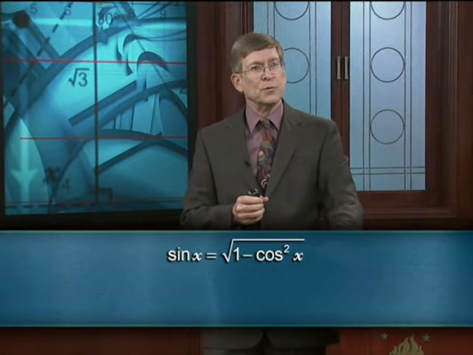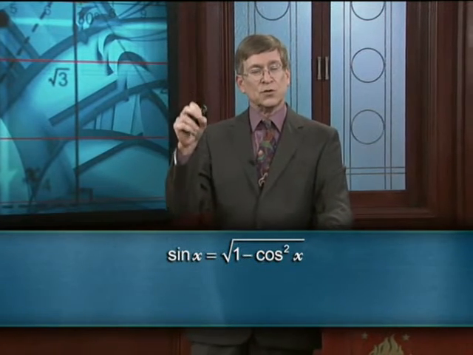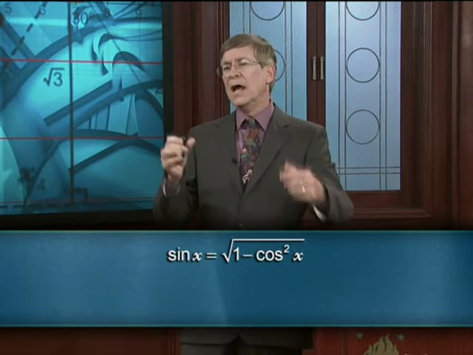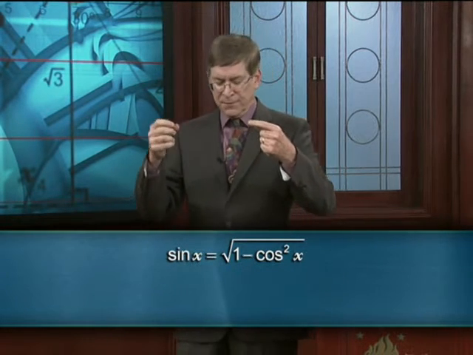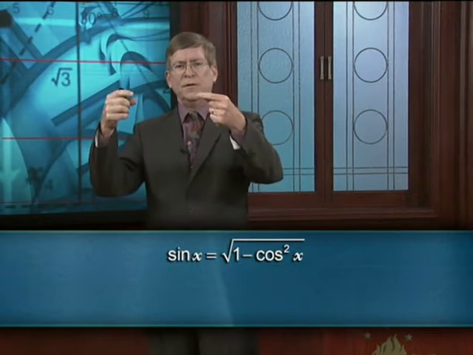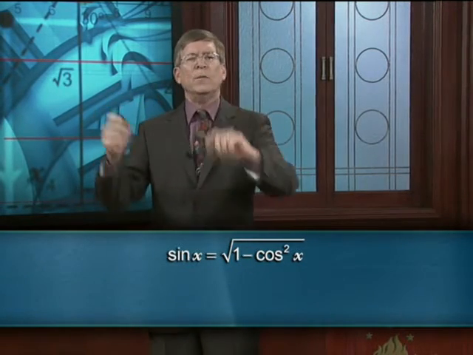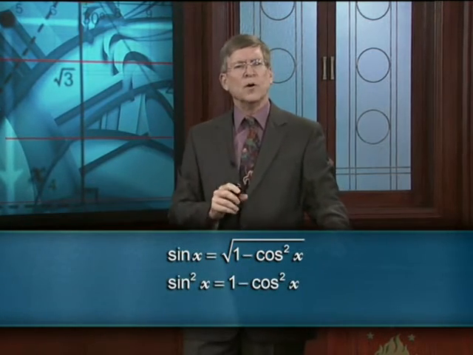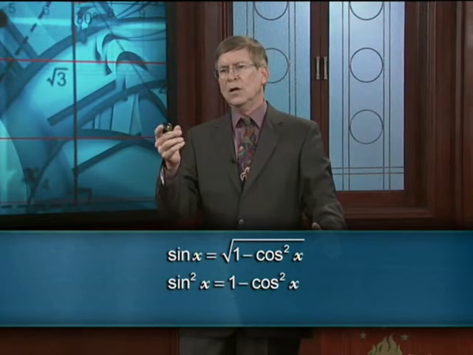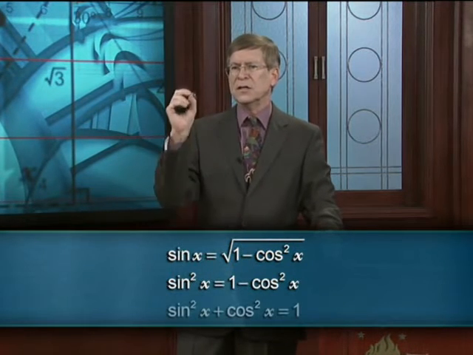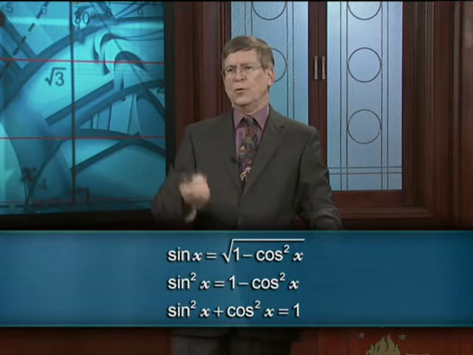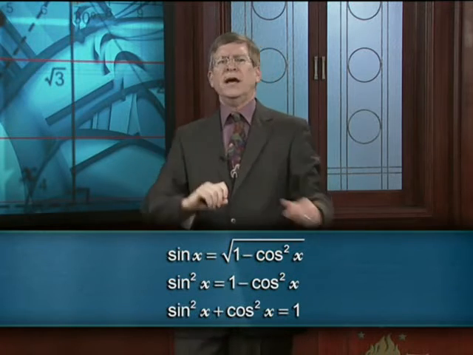This is a false proof. I want to prove that. So the incorrect method would be to start with that statement and manipulate it. Square both sides. Sine squared equals 1 minus cosine squared. Oh, and that's the fundamental identity, sine squared plus cosine squared equals 1. I arrived at a true statement.